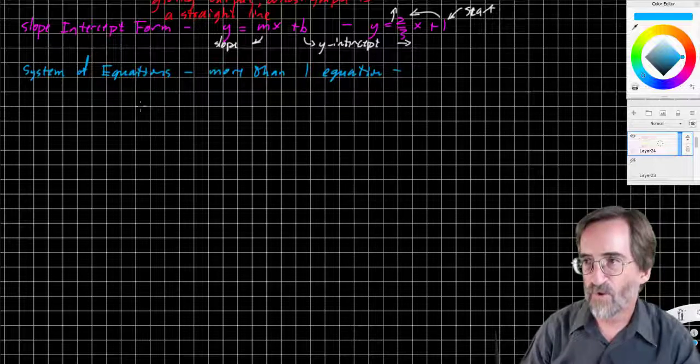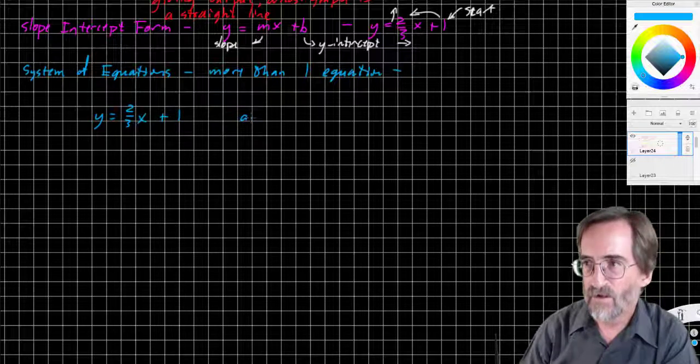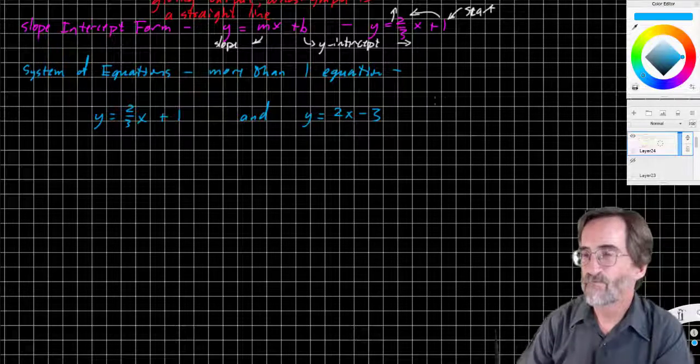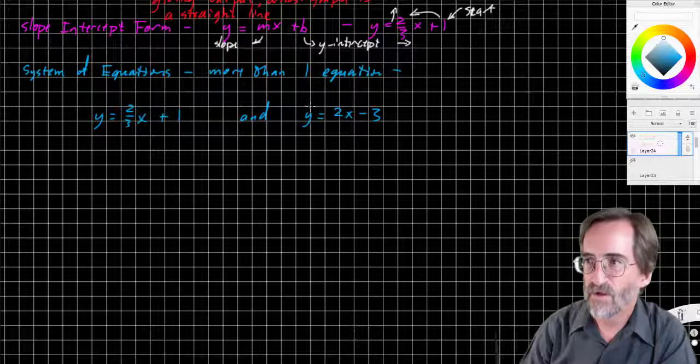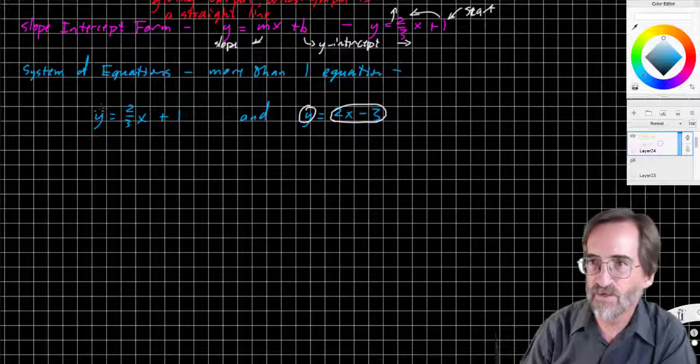Here's an example. I'm going to use the rest of the space. Y equals 2/3 x plus 1 and y equals 2x minus 3. Okay? Here's how I'm going to solve it. I'm going to solve by substitution. Y is the same as 2x minus 3. Here's a y. Replace it with 2x minus 3.